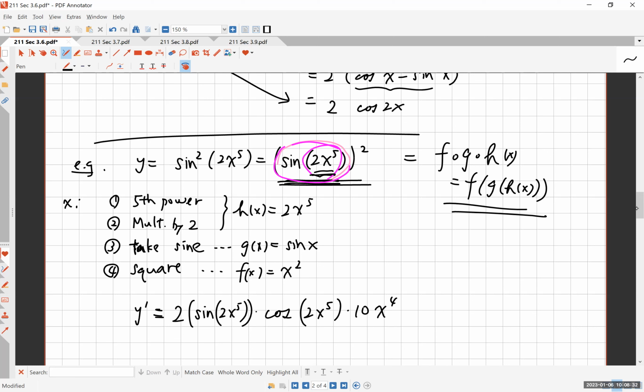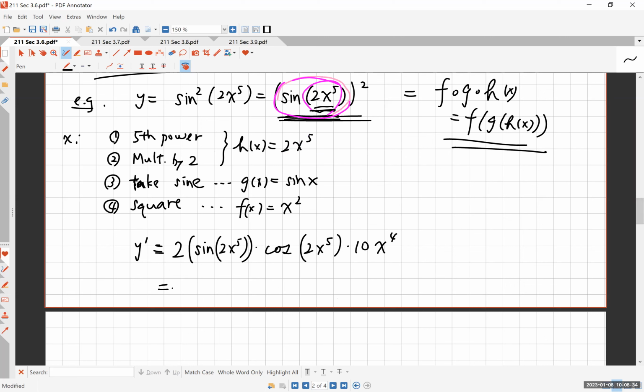And that whole product is the solution to this differentiation question. Let's simplify this: 20 x to the fourth, sine of 2x to the fifth times the cosine of 2x to the fifth. And just to avoid ambiguity, I would use parentheses. All right, so that's the answer to that question.